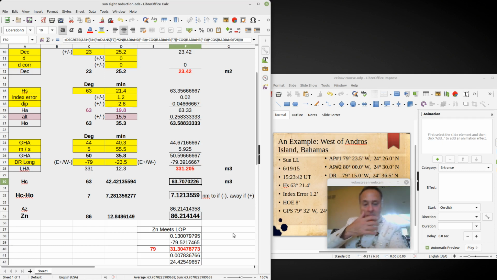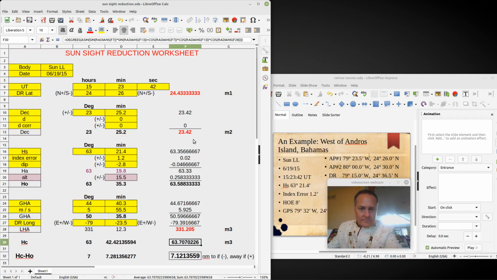Okay, so in this box is calculated HC, and I'll show you how to do it. You can do this on your calculator from a written out worksheet, similar to this Excel document, or you can let Excel do the work like I show you here.